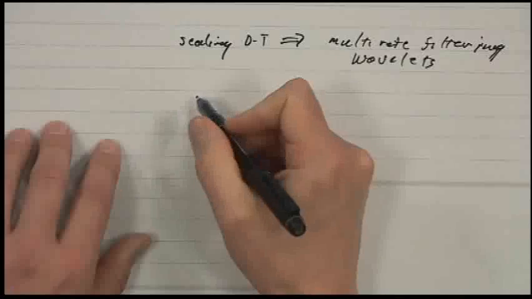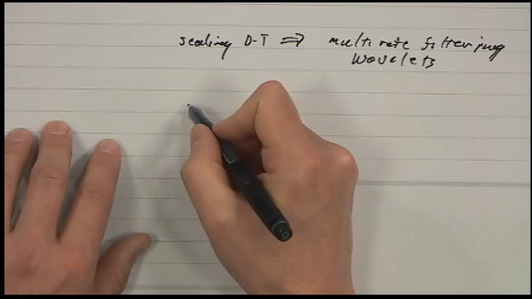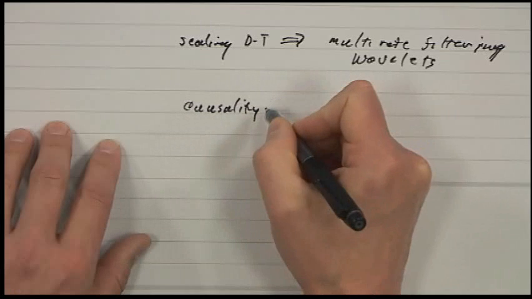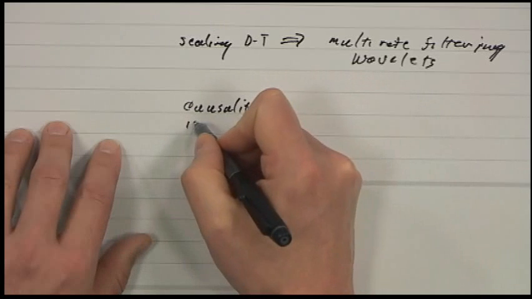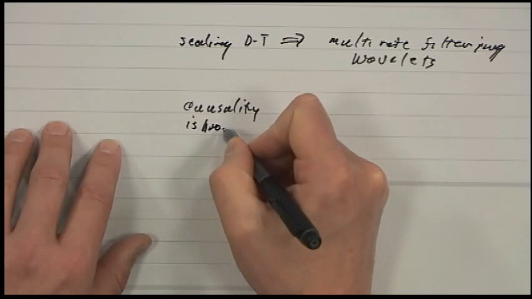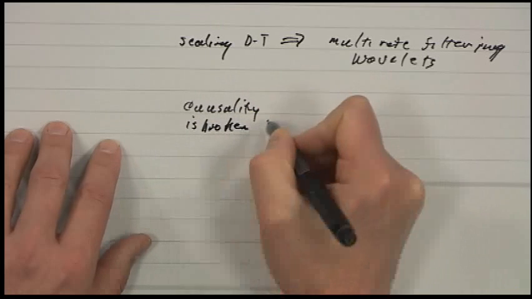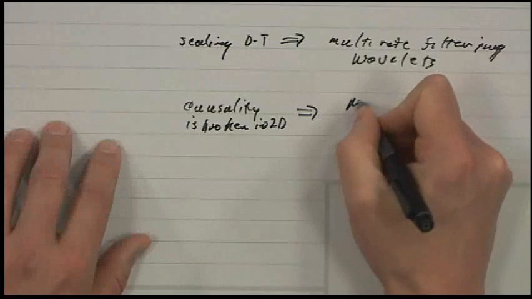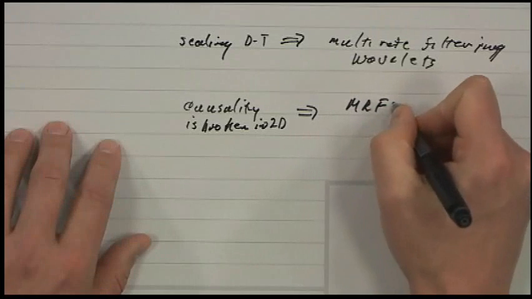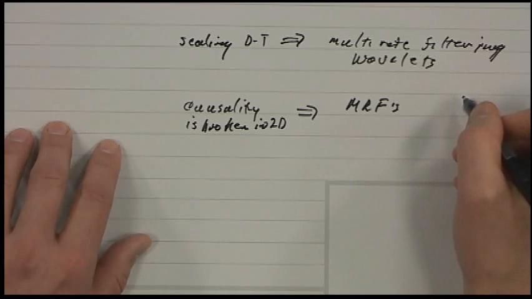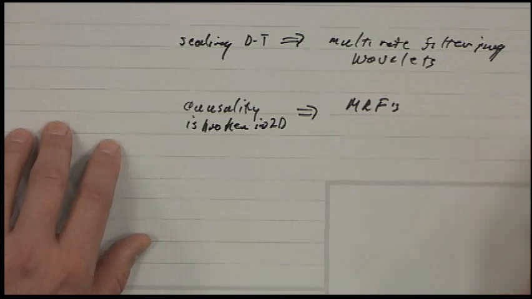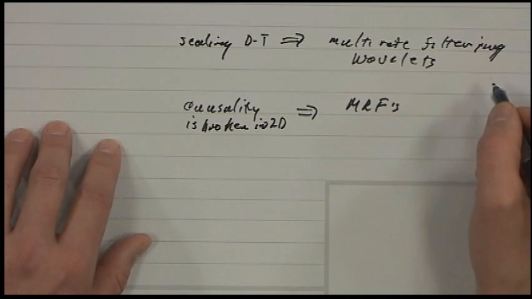And the fact that causality is broken in 2D has generated entire fields of things called Markov random fields, and all kinds of things.